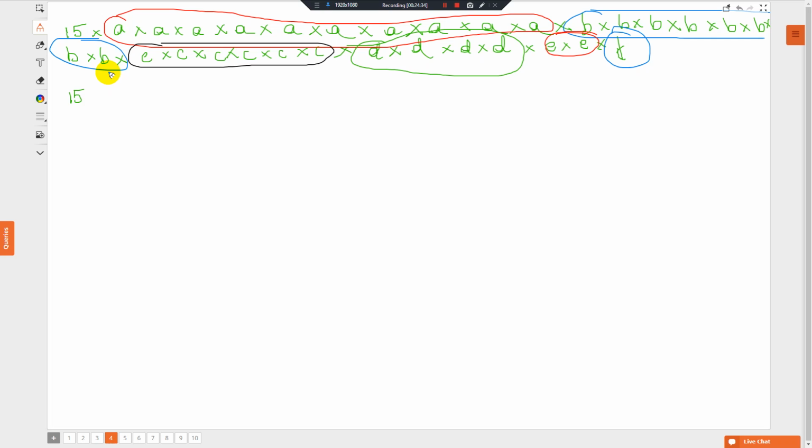Now in this 15, first we wrote 15, right? We have already written 15. Now the next group is RA. Which letter is it?